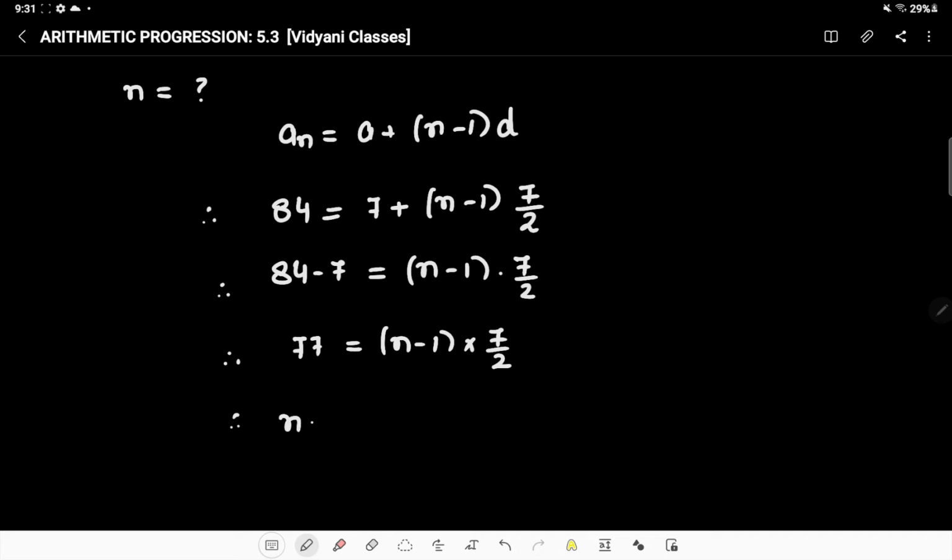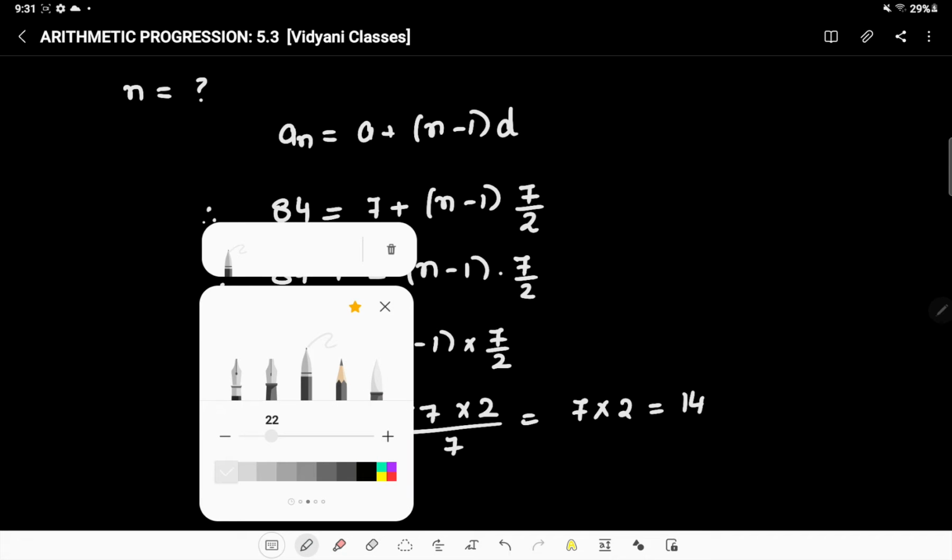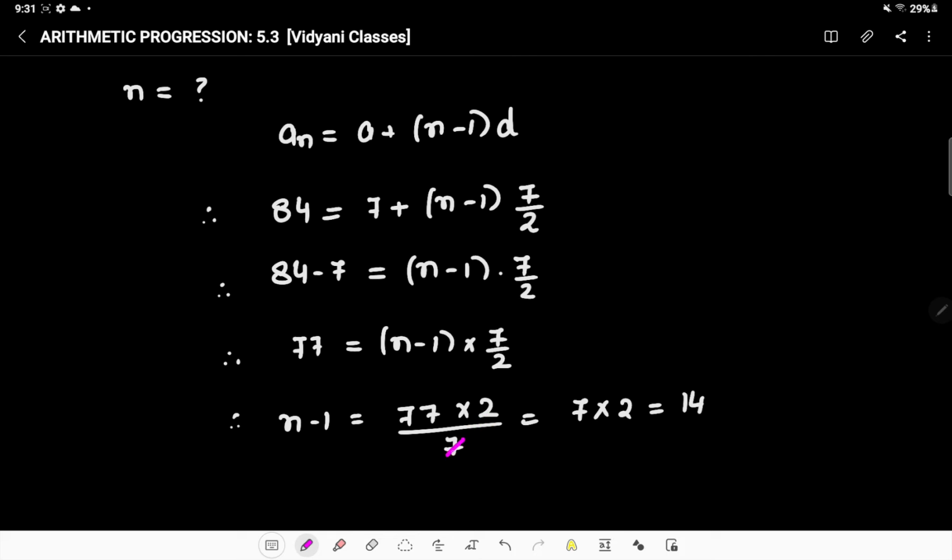Now cross multiplication, so this is 7 into 2 and that is 14. 7 elevens are 77, sorry I have written 7 over here, this should be 11.